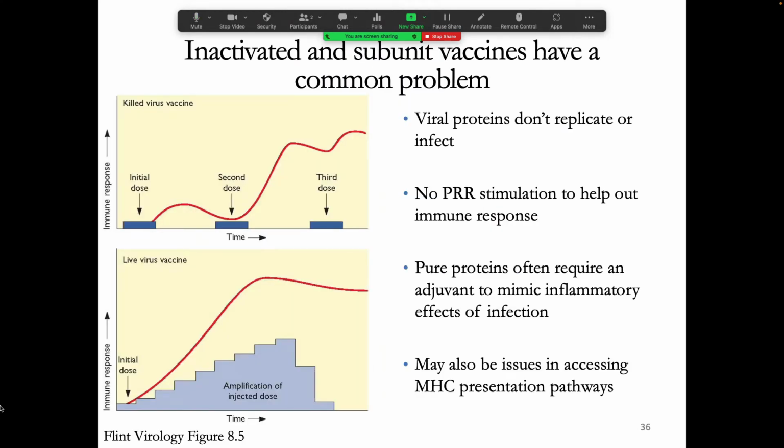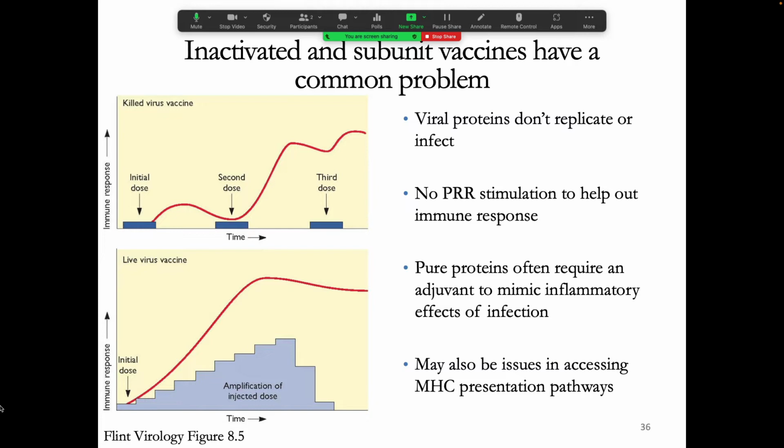But inactivated vaccines, subunit vaccines, really toxoids, conjugates, all have one big problem in common. I think about this problem most acutely when I think about subunit vaccines, but we can see it with all of these different vaccines.